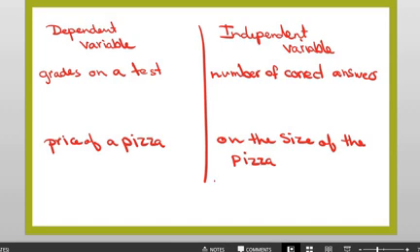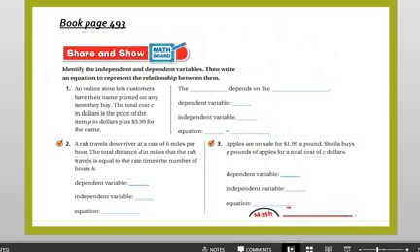Okay? If we have some math equations, to understand what we mean by this and how we can identify or tell which is dependent and which is independent, first of all, you have to know the relationship between the two variables. You can have addition, multiplication, division, or subtraction relations.